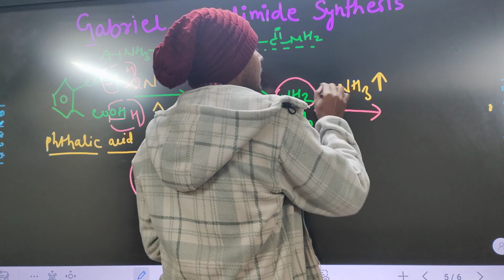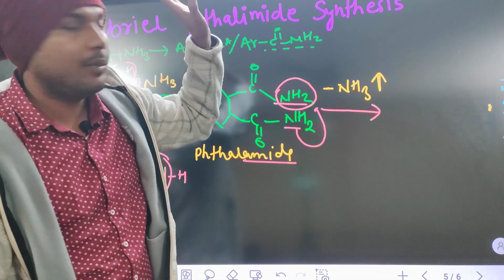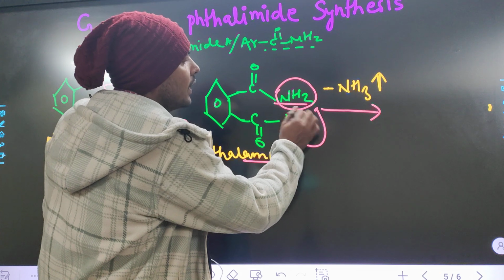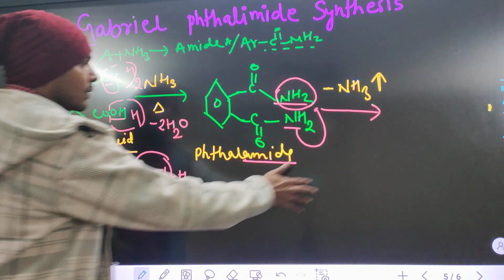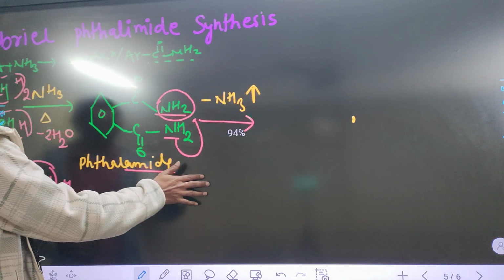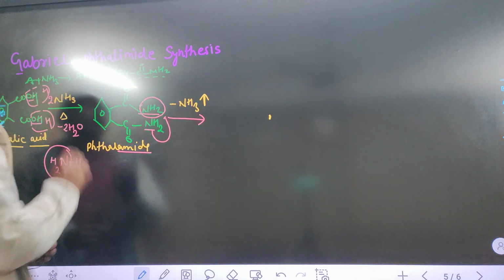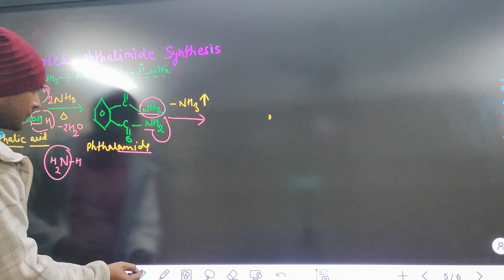NH3 ammonia gas will be released, so I am writing here minus NH3. NH3 will evaporate. And what is left behind? One N and one H from here. Now see from here, the structure will be like this.